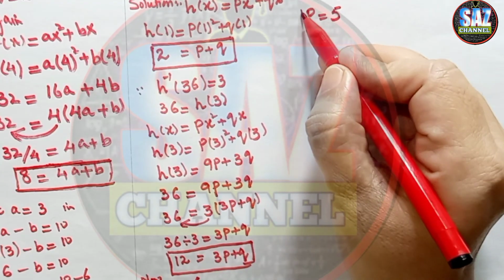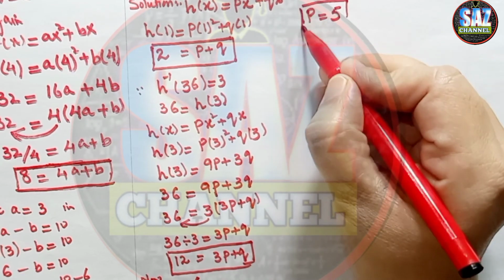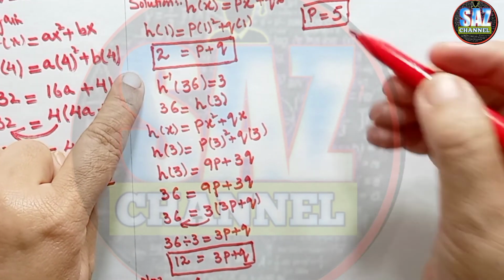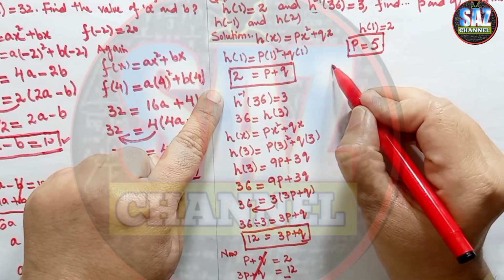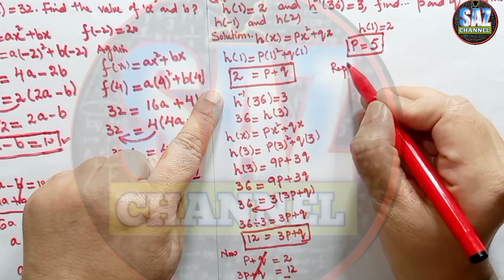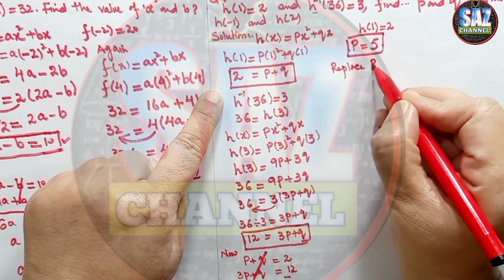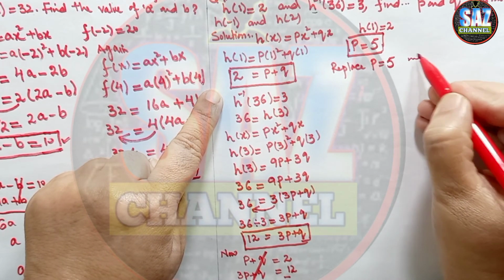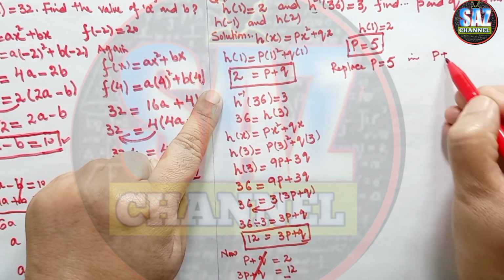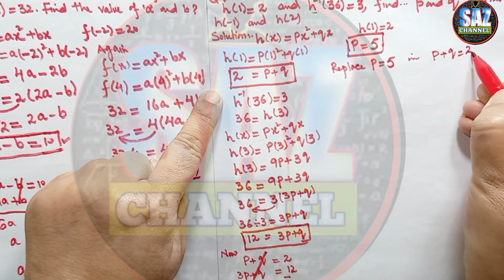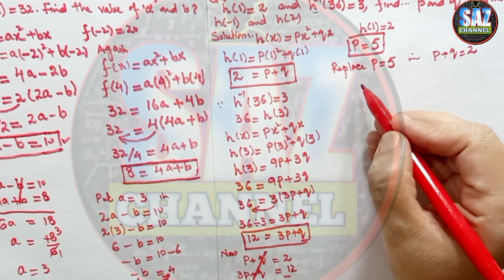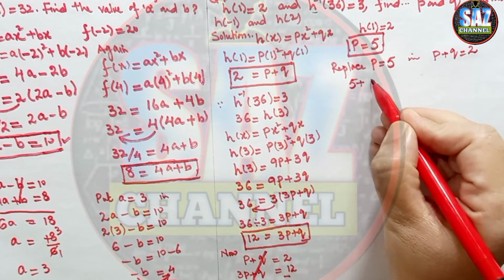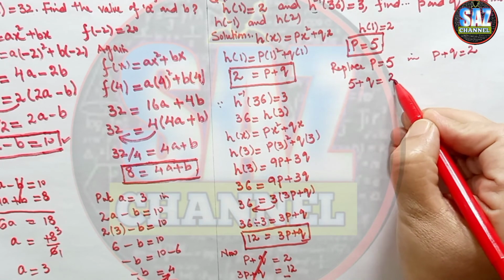p equals 5. Replace p equals 5 in any one of the equations to get the value of q. So I will replace p equals 5 in equation 1, p plus q equals 2. So I have to replace p by 5: 5 plus q equals 2.